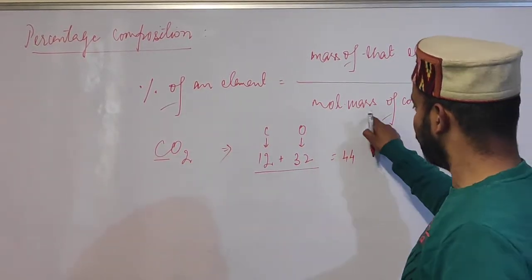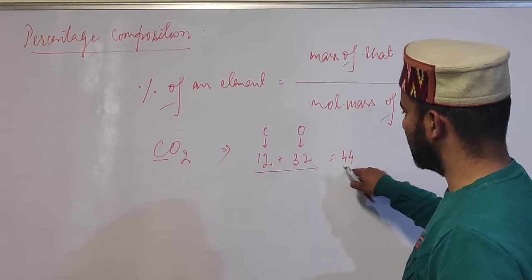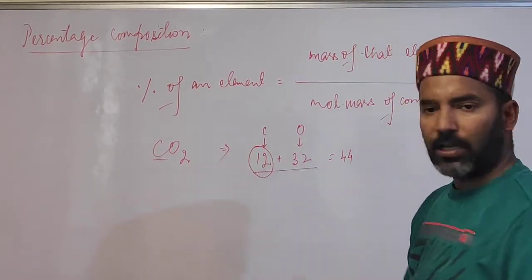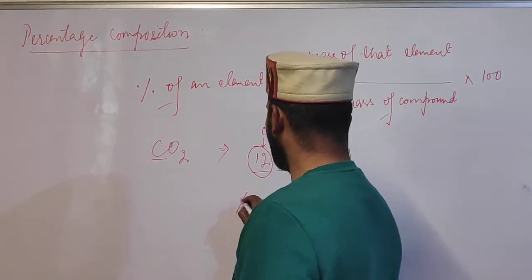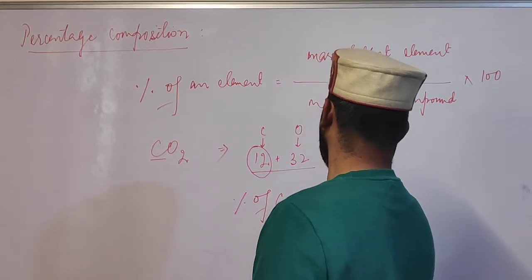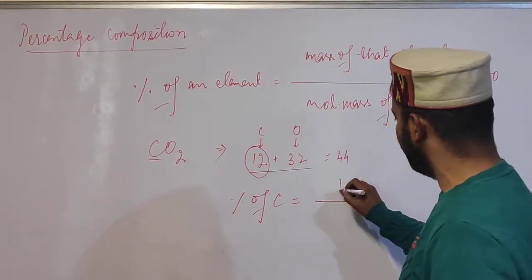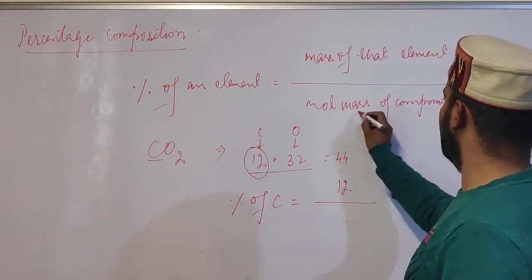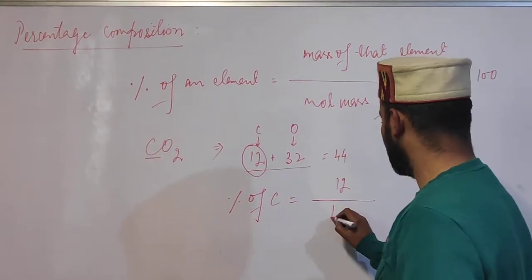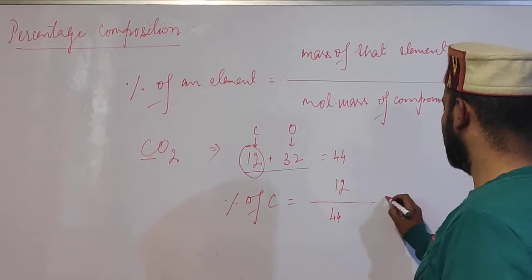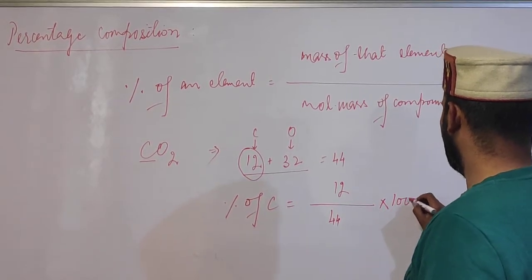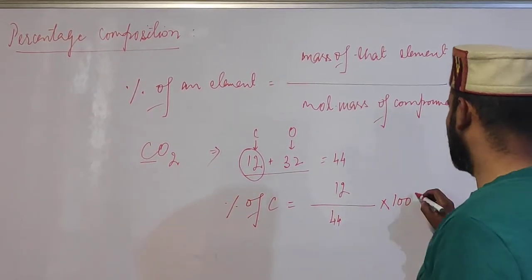Out of that 44 parts, we have 12 parts of carbon only. So what will be the percentage of carbon in this compound? It will be the weight of carbon, that is 12, divided by the molar mass of the compound, which is 44, into 100.